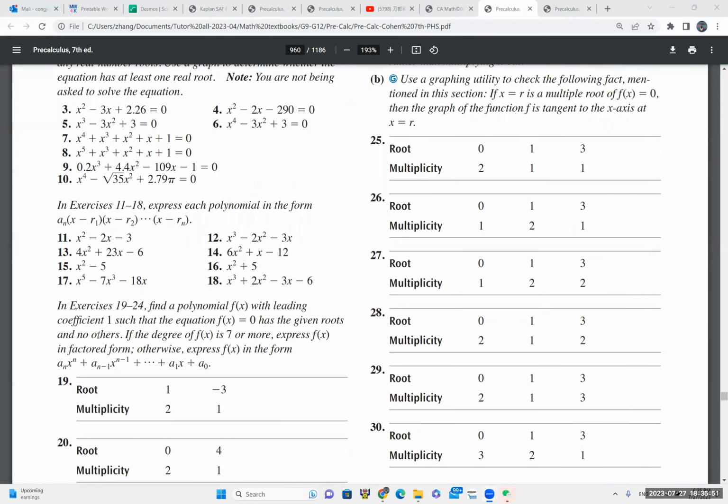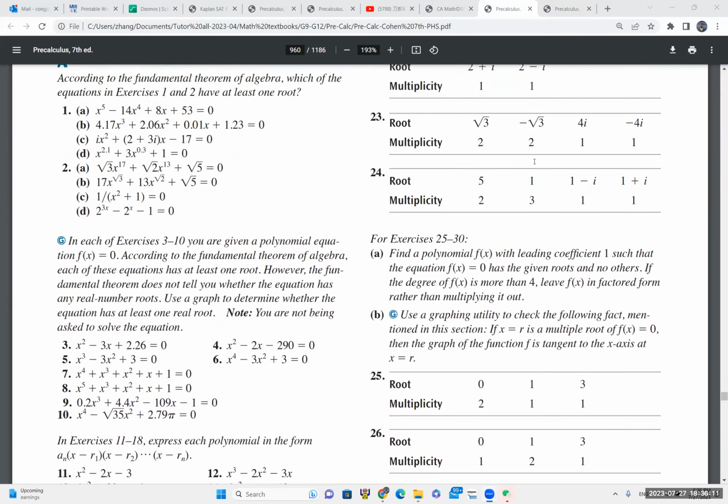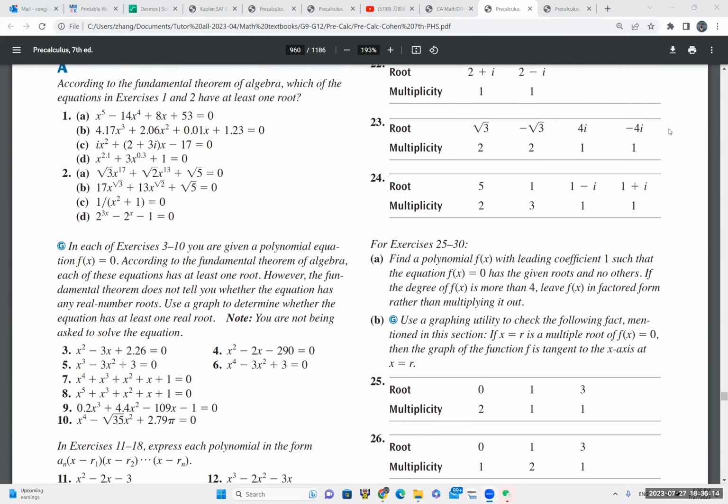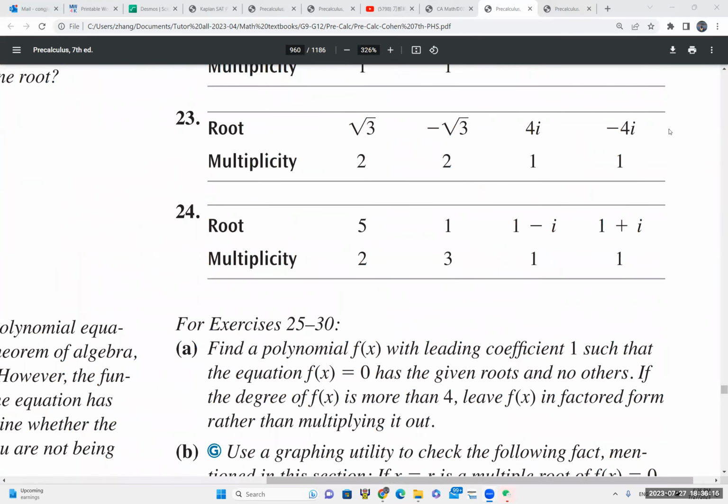Find a polynomial with leading coefficient 1 that has the given roots and no others. The degree is the same, expressed in factor form. Okay, let's choose one. How about 23?